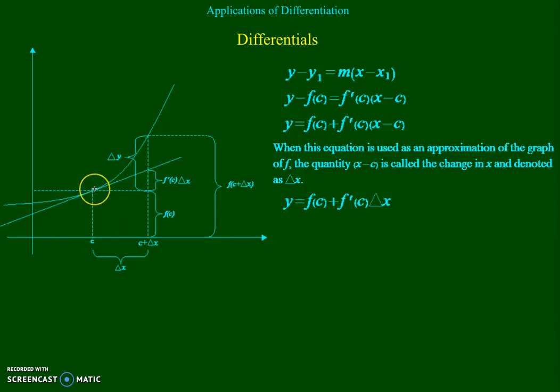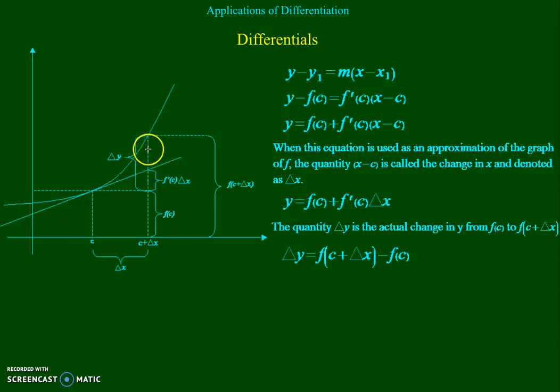Now we're going to switch our attention over to the actual change in y from f of c to f of c plus delta x. So f evaluated at c plus delta x here. This actual change in y is given by delta y, and it is this quantity minus this quantity.